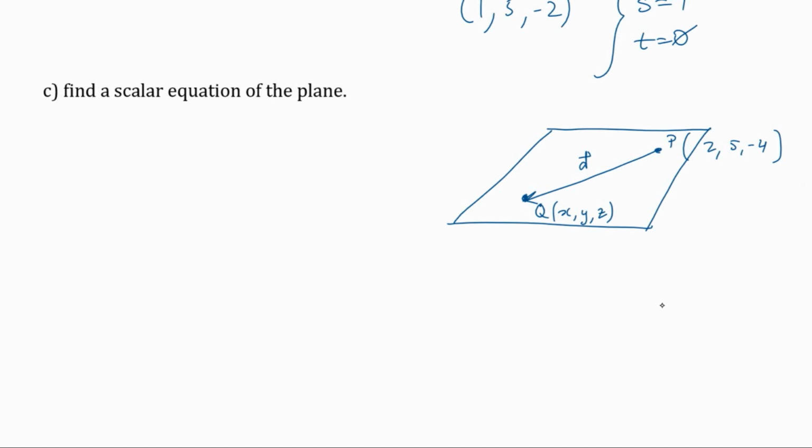And so if I have direction vector D, which is equal to PQ, where P is a known point, but Q is any other general point, I subtract backwards and I get x minus 2, y minus 5, z plus 4.